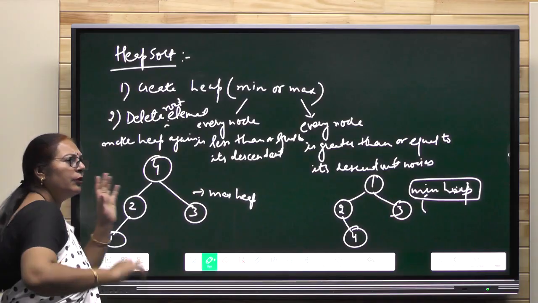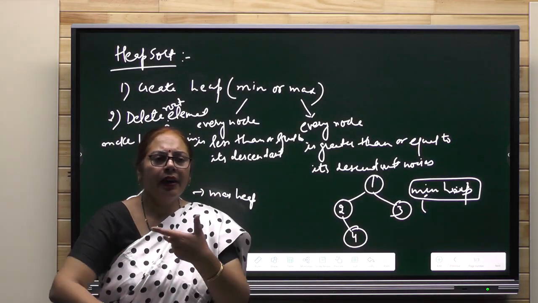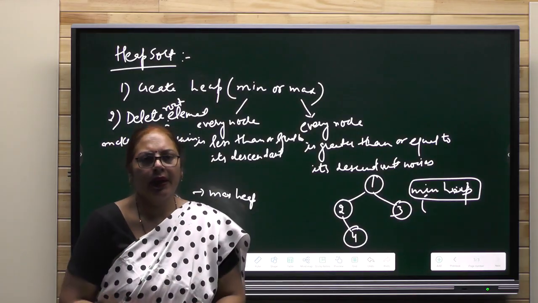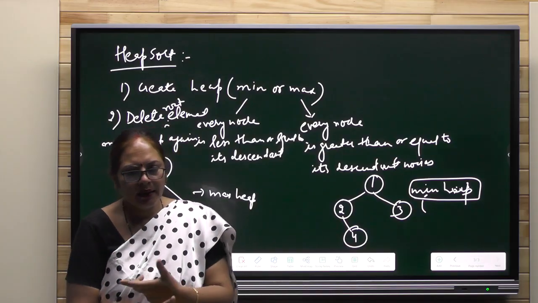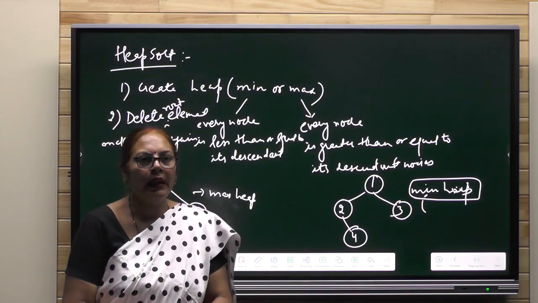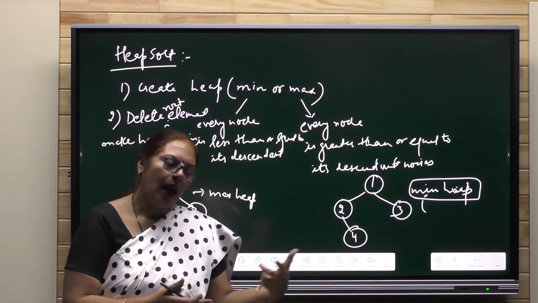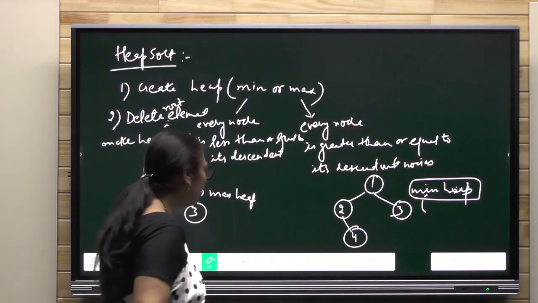We keep repeating this step: create the heap, delete the root element, then rebuild the heap again. This rebuilding repeats until we are left with only one node in the tree, and in the end we get the sorted list. So we will take one example and see how it works.